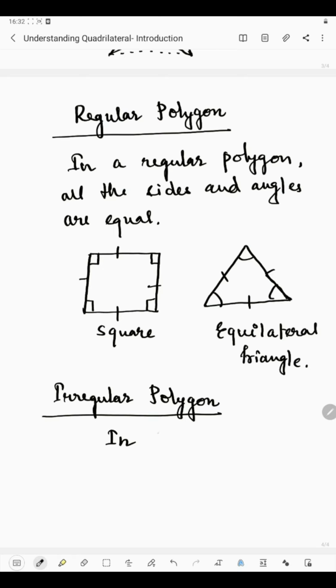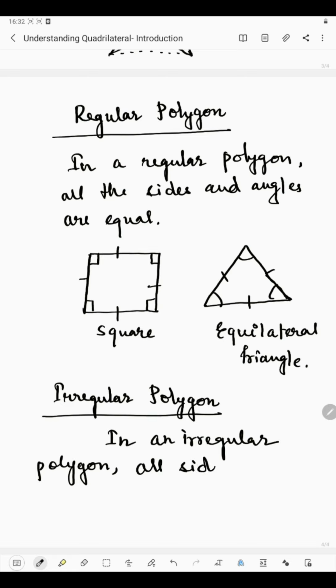So in an irregular polygon, all sides and angles are not equal. For example, this is not a regular polygon, this is an irregular polygon. If I draw the figure like this, this is also an irregular polygon having four sides.